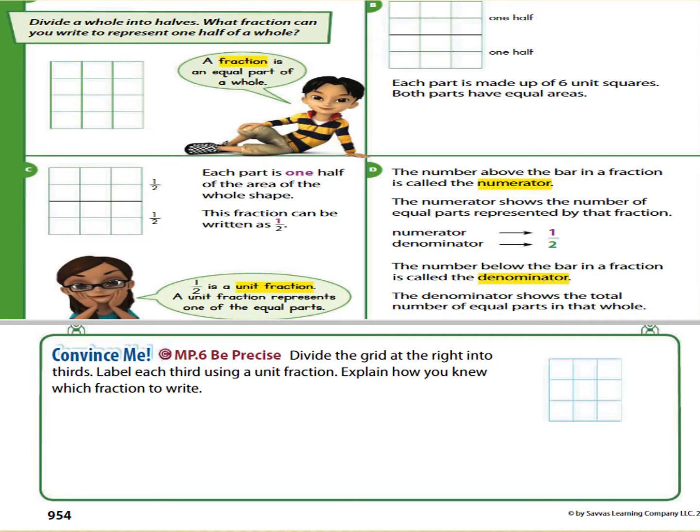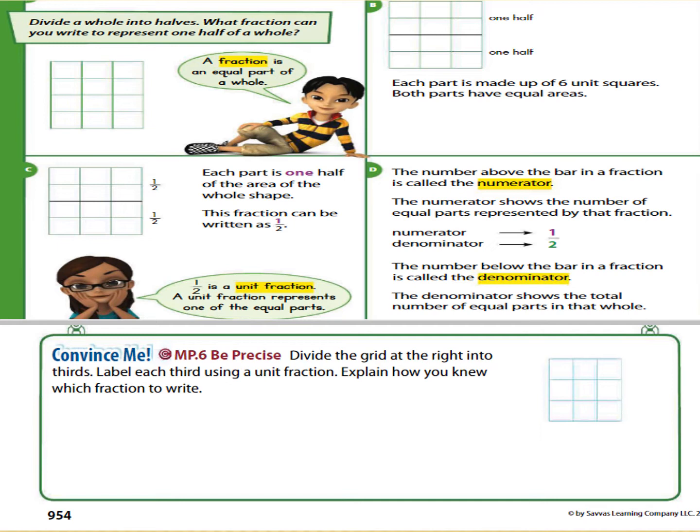Remember that the number above the fractional bar is called numerator, and the number below the fractional bar is called denominator. The denominator shows the total number of the parts, and the numerator shows the number of equal parts represented by that fraction.